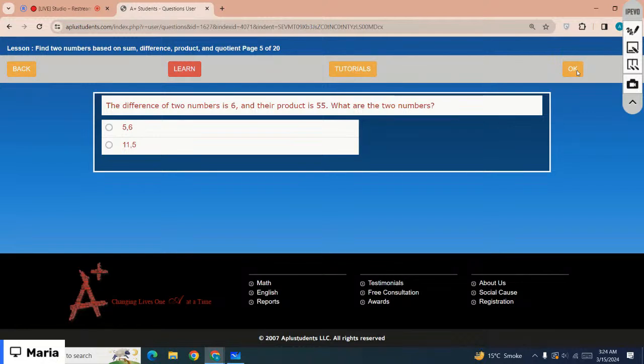When you subtract them, 11 take away 5 is 6. And when you multiply them, 11 times 5 is 55, right? The correct option is 11 and 5.